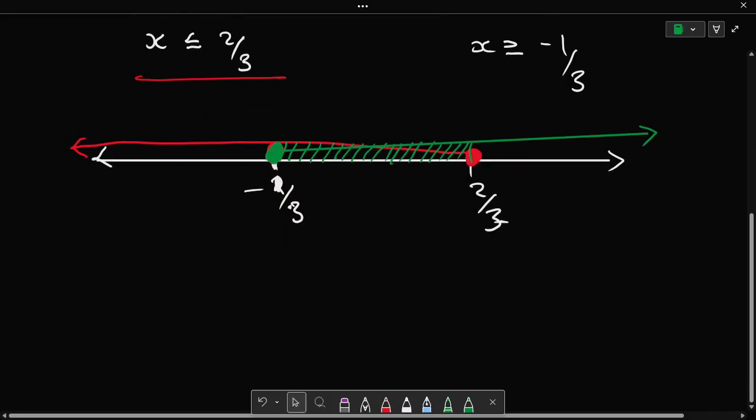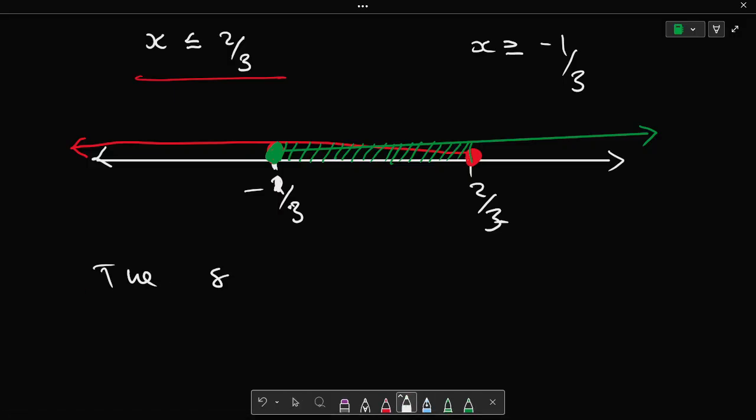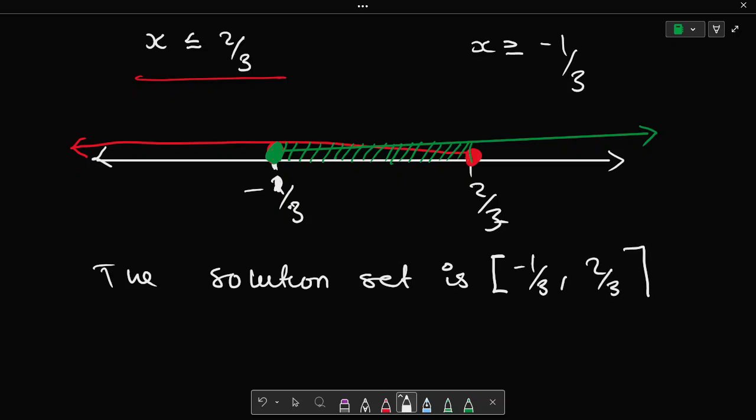So here we are saying that the solution set is, I'm going to use these brackets, [-1 over 3, 2 over 3], because we have closed circles, not open circles.